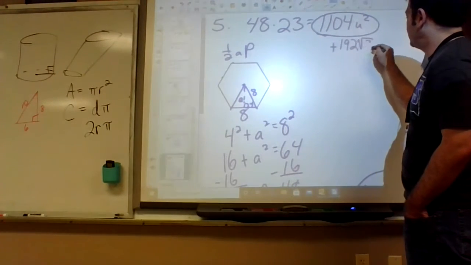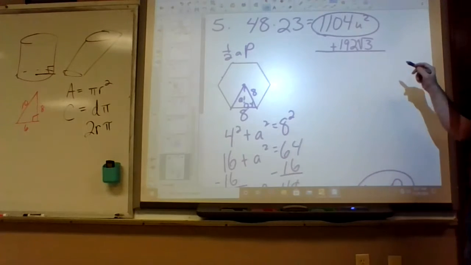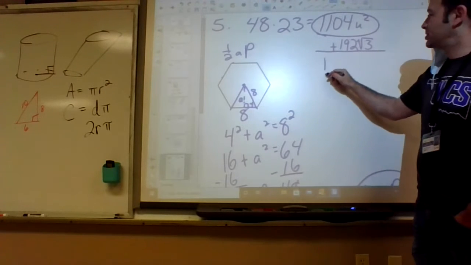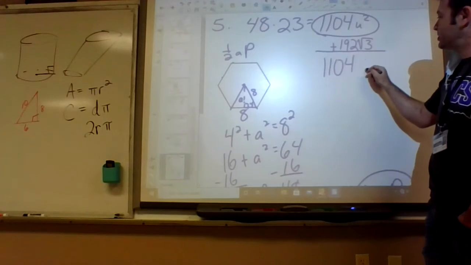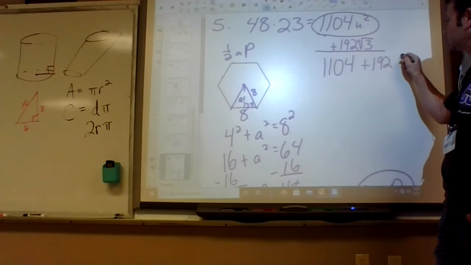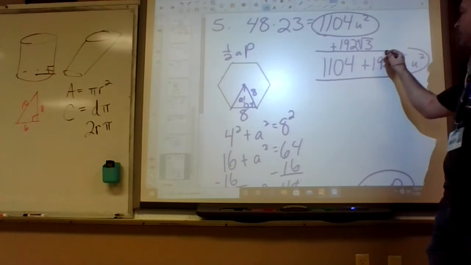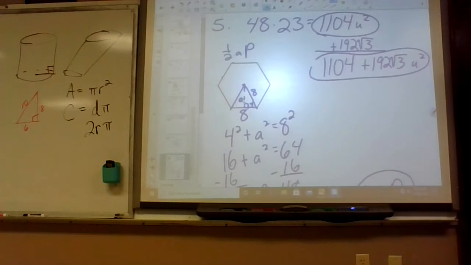Again, because it's a square root of 3, it's not going to work nicely together. So I'm just going to leave my answer as 1104 plus 192 square root of 3. You can change that to a decimal if you plug all that in your calculator, but we'll leave it like that without a calculator.